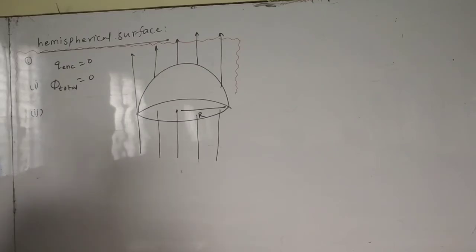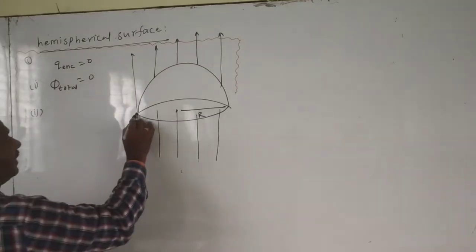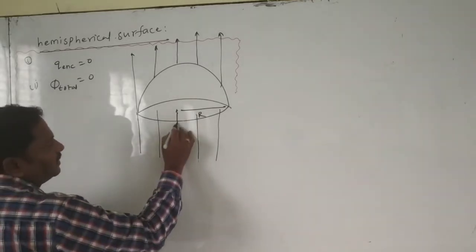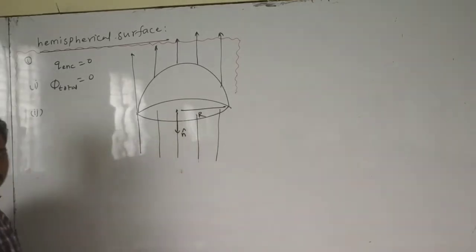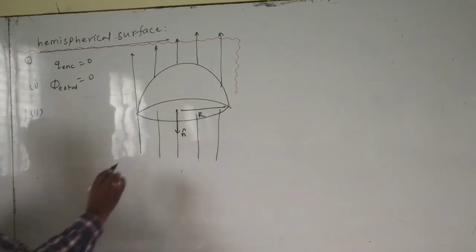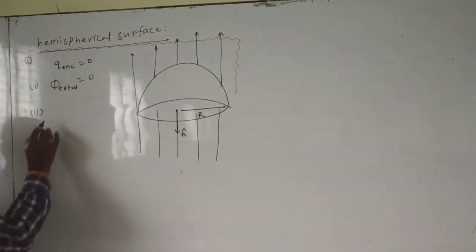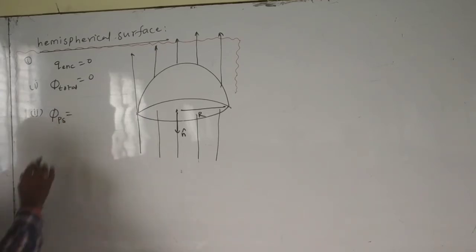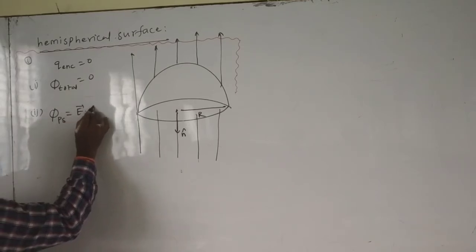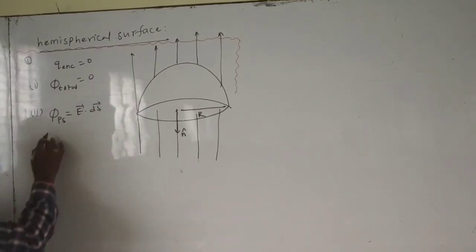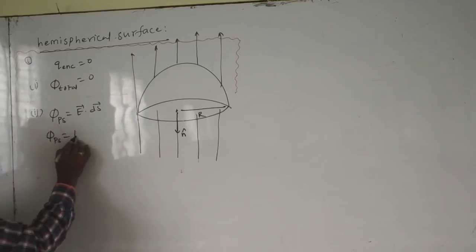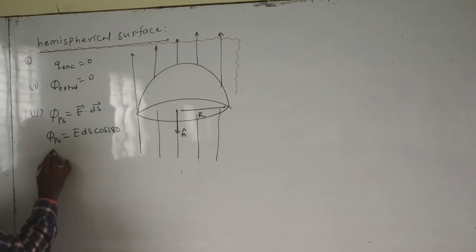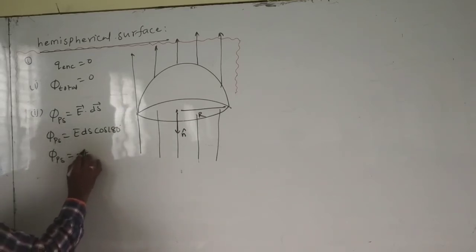Now what is the flux entering this surface? The area vector for the flat surface points in this direction, but the electric field is upward. The flux for the flat surface is E bar dot dS bar, so phi FS is equal to dS into cos 180 degrees, which is minus E into dS.